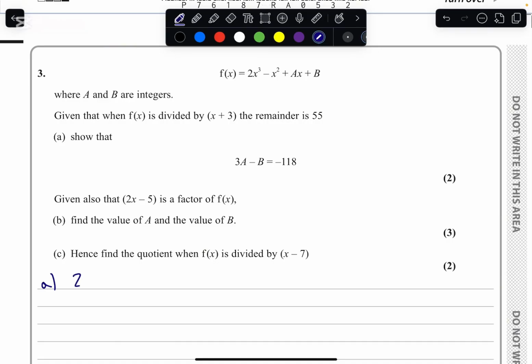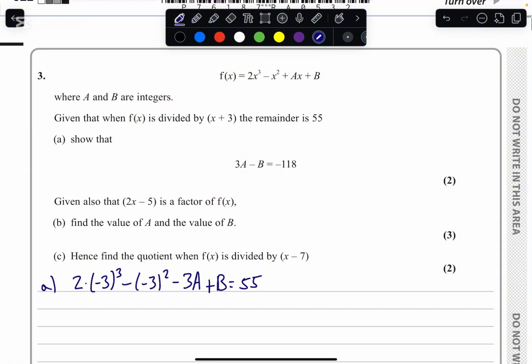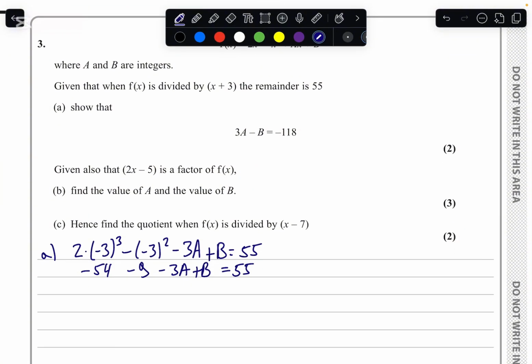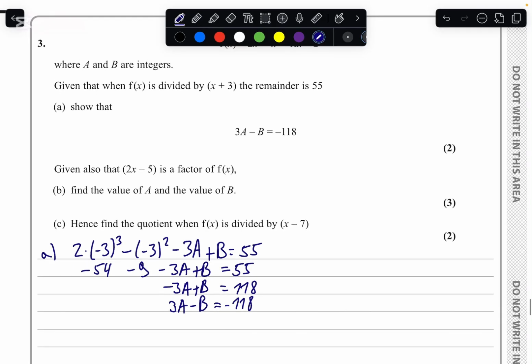If we just substitute that in the equation, and then we find that answer, and when we rearrange this, it will give us 3a minus b equals minus 118.